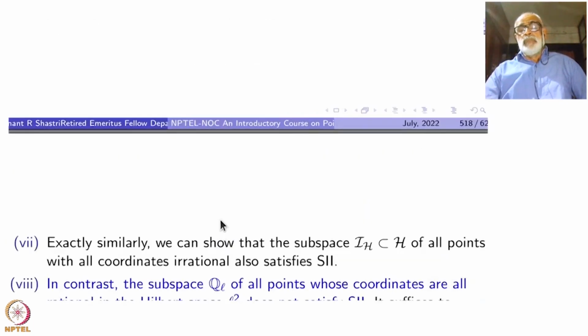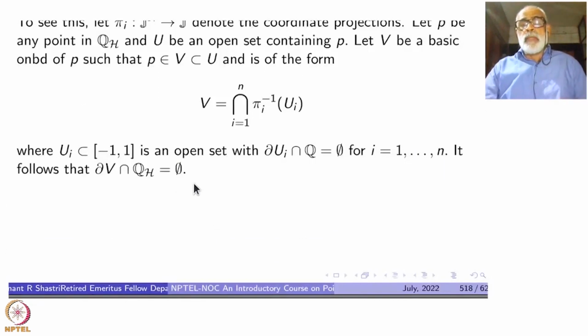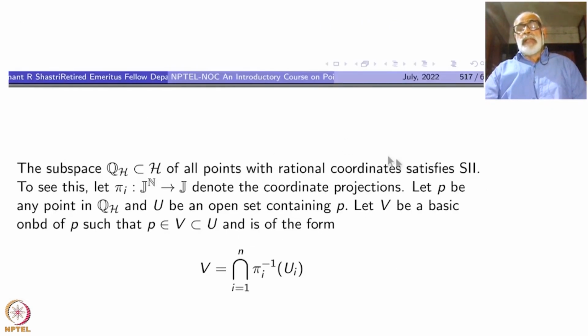So that's all. For each point, you can choose a neighborhood such that boundary is empty. What does that mean? That neighborhood will define a partition, a separation of the point from the complement, namely you started with U, right? They are separated out. So that is the property S2. So we have verified, we have got another example, namely the subset of all points with all coordinates rational inside the Hilbert cube is also S2.